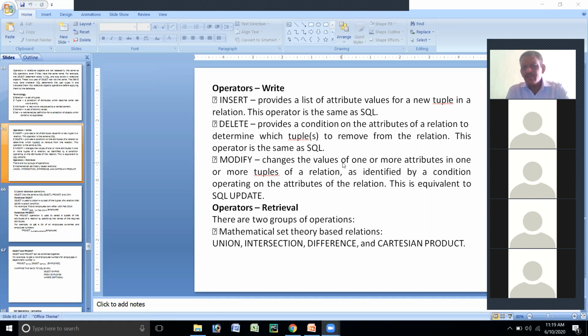This is the same as what we study in SQL also. In relational algebra as well as in SQL, the operator insert functions the same. It inserts the data into the respective attributes, creating a new tuple. Is it clear?